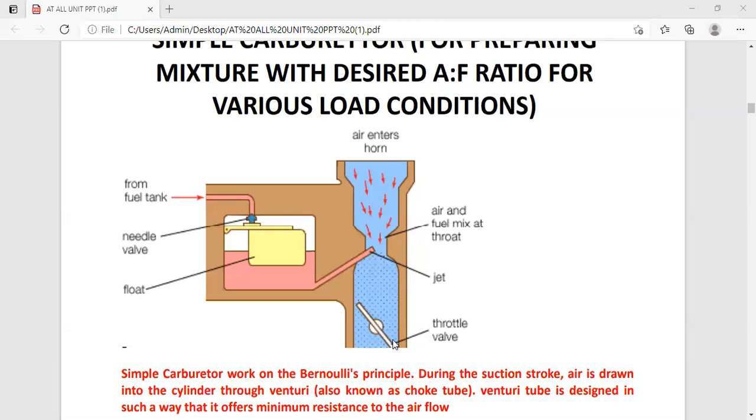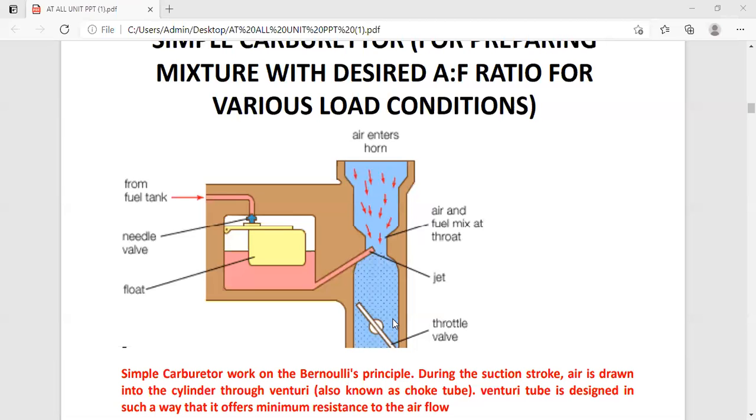When it is closed, there will be no kind of fuel air supply, and when the throttle is open, only then it gives the air fuel mixture to the cylinder. So at a given throttle position the mixture is either richer or leaner. It depends upon the throttle valve opening and closing. Okay, so this is the first drawback.